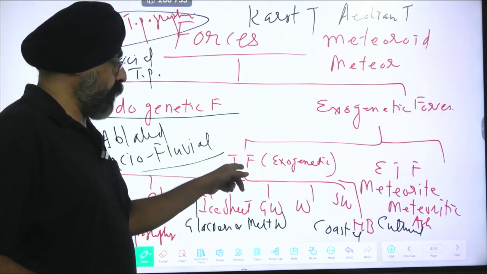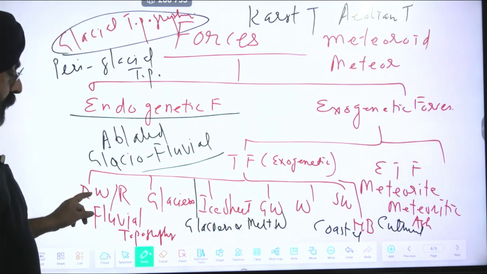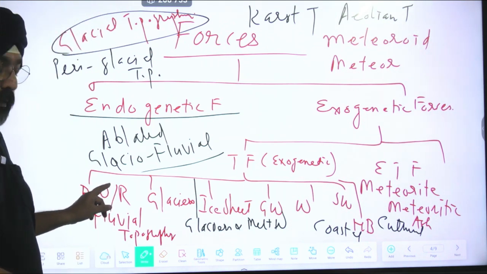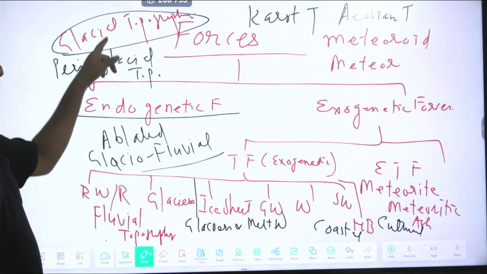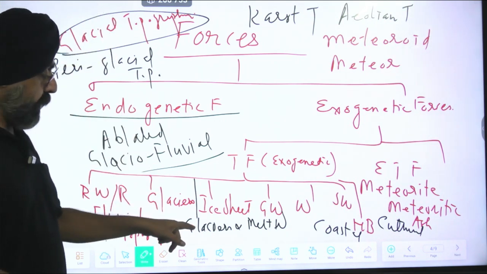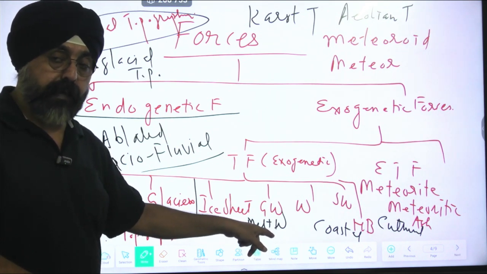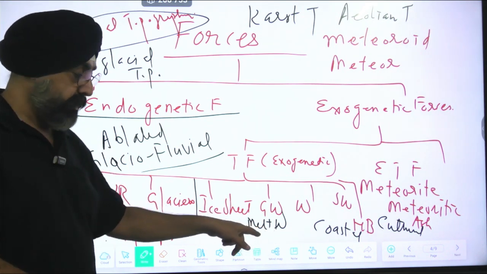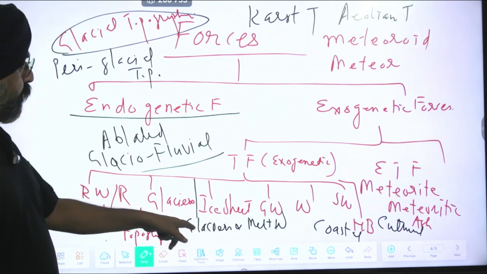Terrestrial exogenetic forces are of 8 types: river water, rivers, fluvial topography; glaciers, glacial topography; the meltwater or the ablated water, that is the fluvioglacial, fluvioglacial.